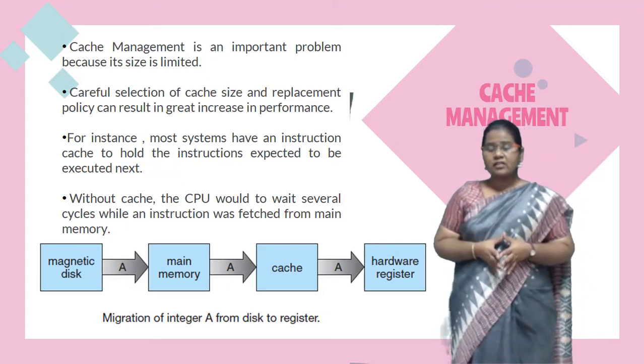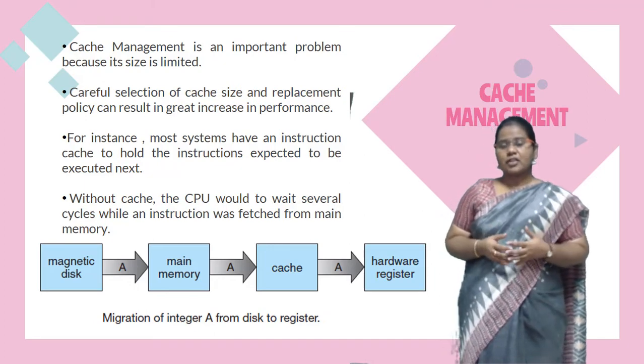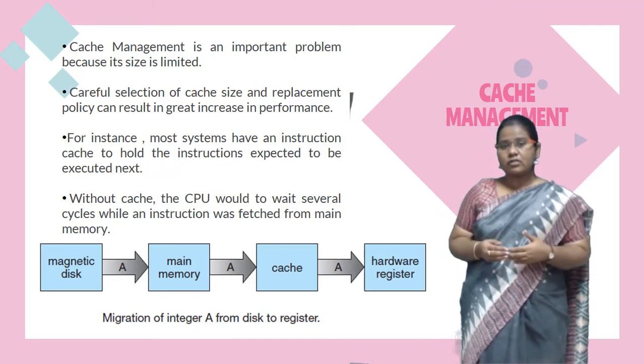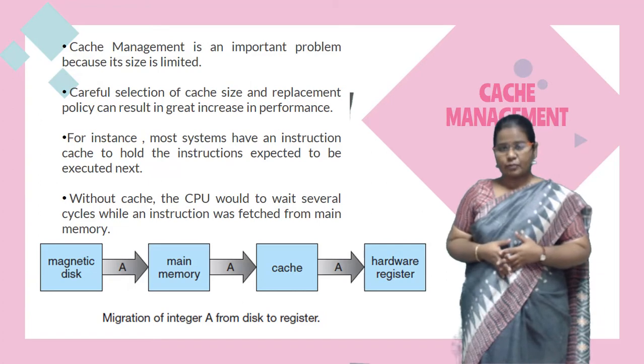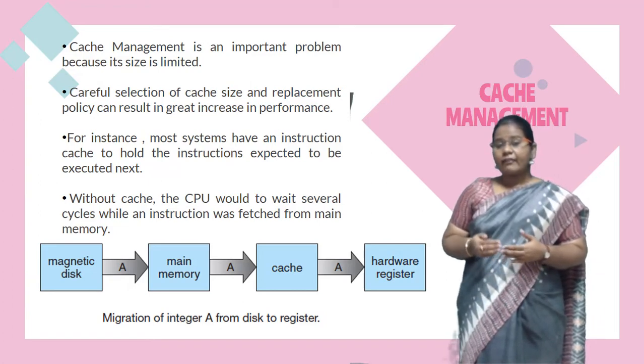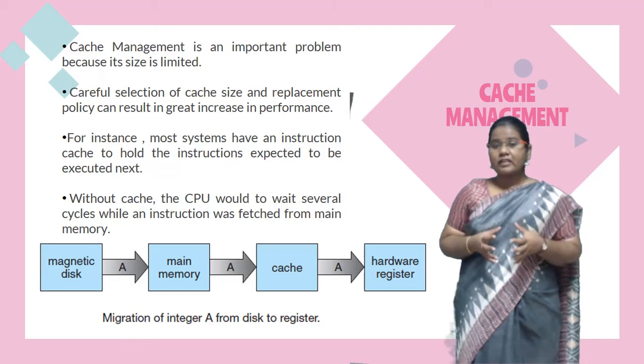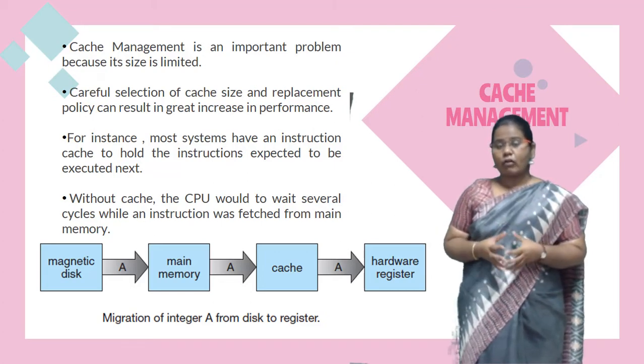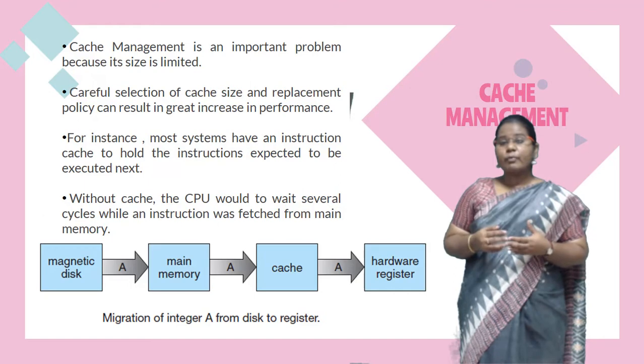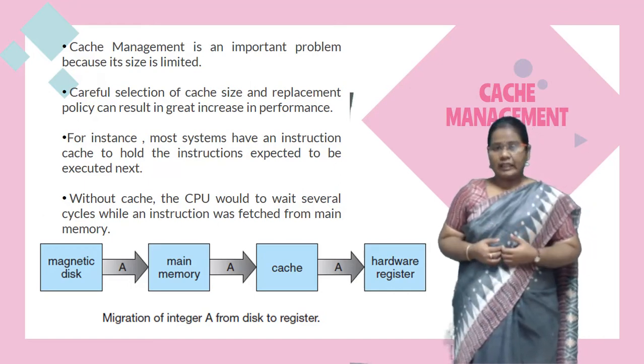So we are placing those instructions which are repeatedly used or repeatedly executed in the cache memory. And if the operating system does not take care of what instructions are to be placed in the cache memory, the system performance may degrade.